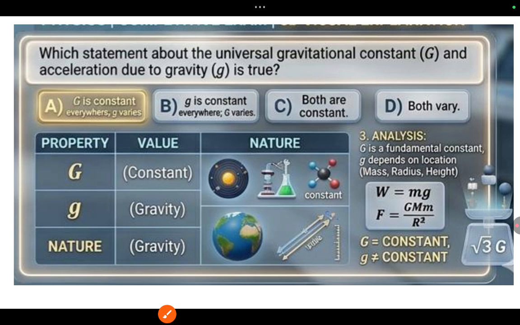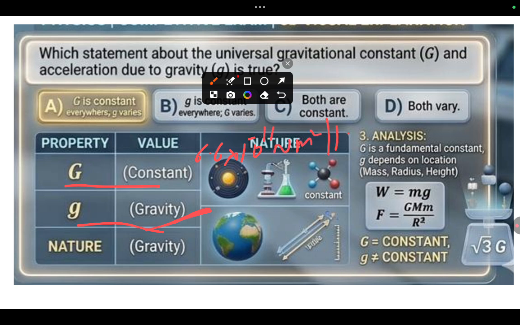Which statement about the universal gravitational constant and acceleration due to gravity is true? See, G is constant everywhere, while small g changes from planet to planet. G is 6.67 into 10 to the power of minus 11 newton meter square per kg square.